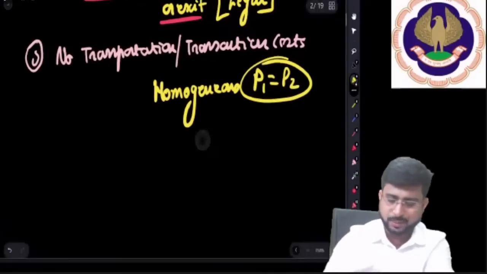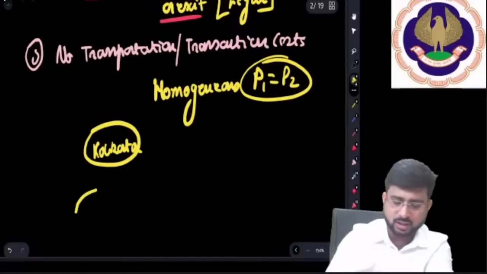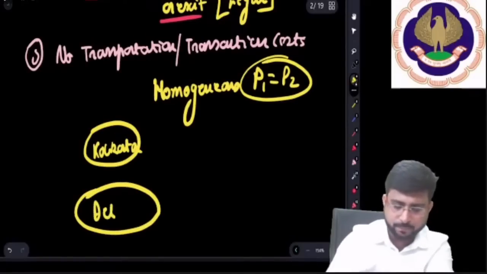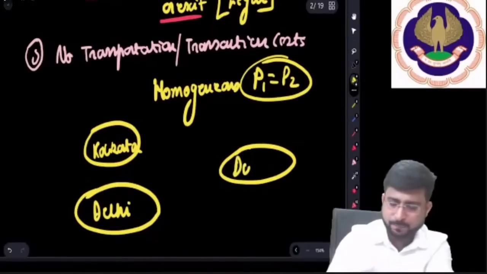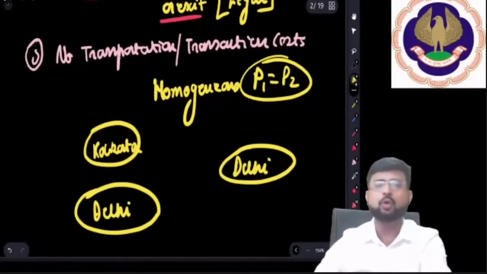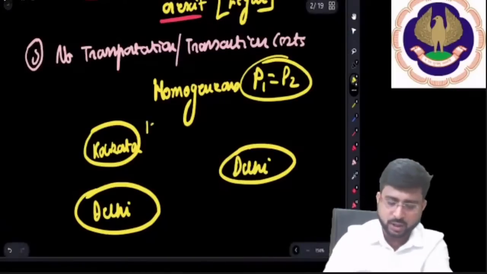Suppose there is a seller in Kolkata and a seller in Delhi. Now the buyer is from Delhi. Suppose the Kolkata seller and the Delhi seller are both ready to sell the product at 100 rupees.